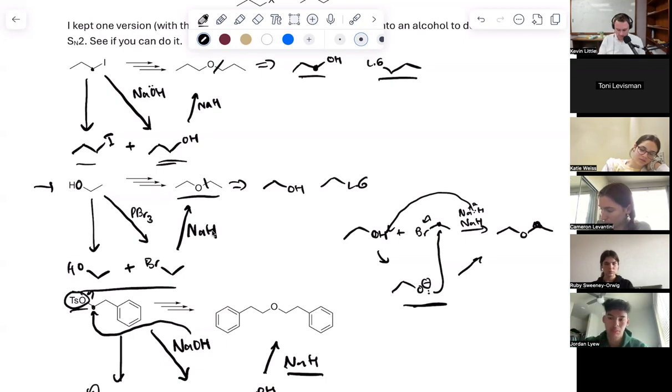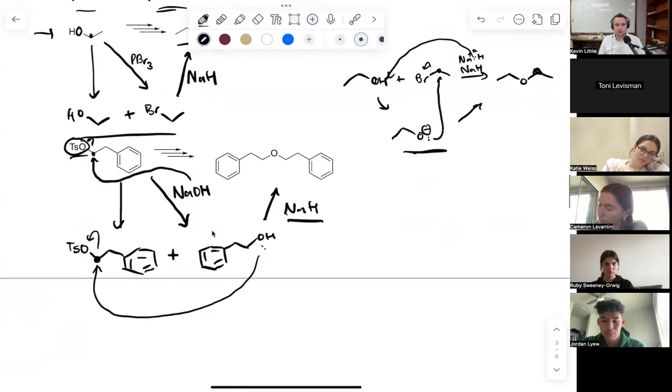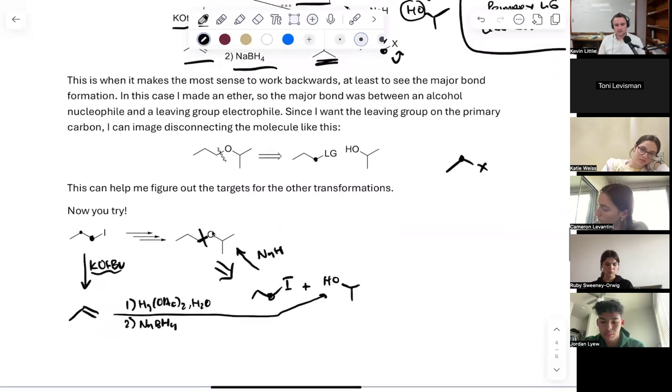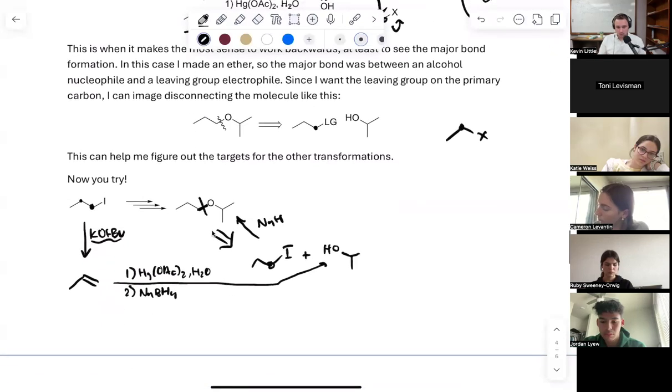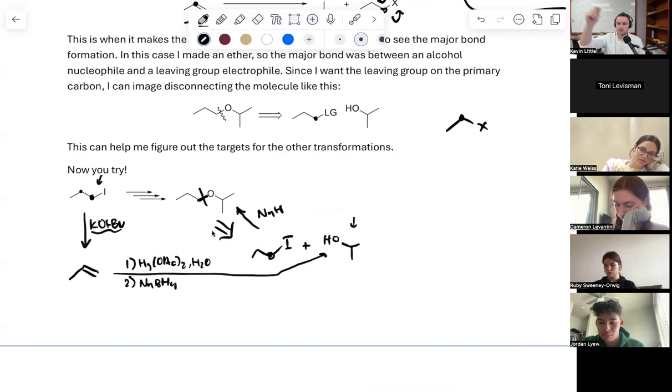It stays on the same carbon. So that's the difference: when you plan it, when you do the disconnection, when you see what your goals are, you see that to go from this to this alcohol, I have to change where that heteroatom is, so I have to do an elimination and addition to get there.